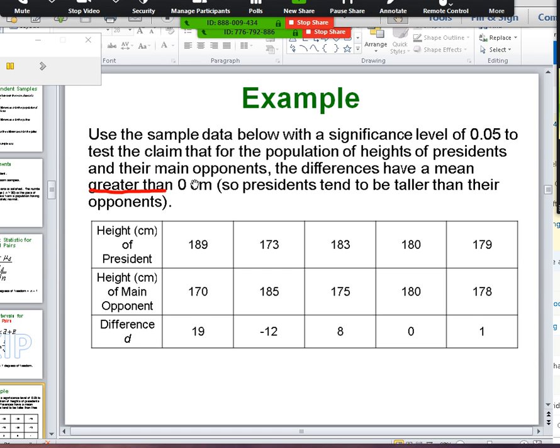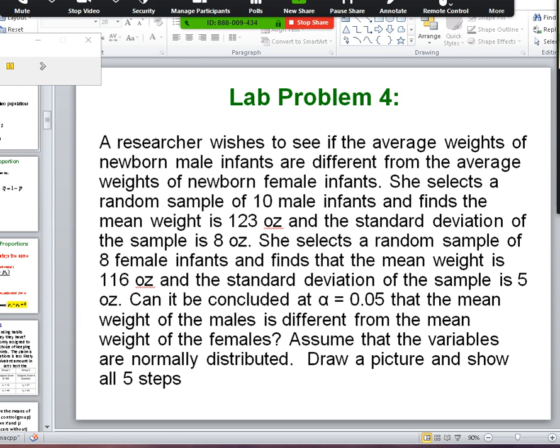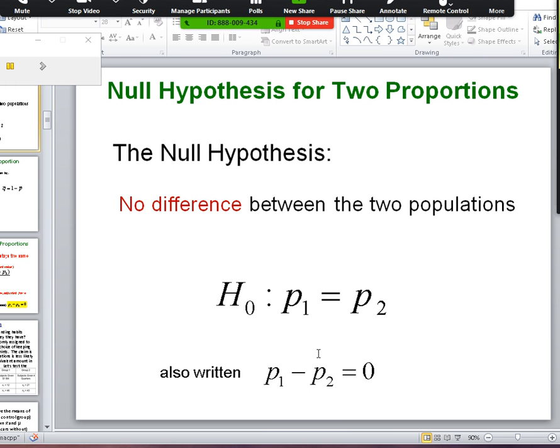So remember back when I told you guys that instead of writing P1 equals P2 for your H0, you can write it as P1 minus P2 equals 0. That's what we're doing here. We're saying that mu1 minus mu2, in other words, our mu d, because our mu d is mu1 minus mu2, is equal to 0. That is our H0 for this one.